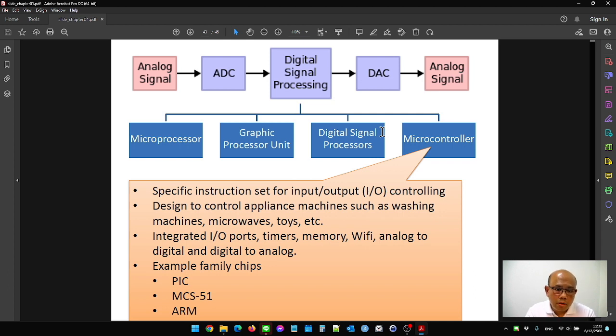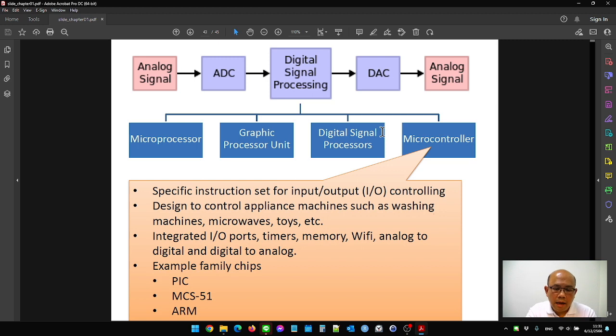The microcontroller includes I/O, timers and memory. Some types of microcontroller include Wi-Fi, and most microcontrollers have ADC and DAC inside. ADC converts analog to a digital signal, and DAC converts a digital signal to an analog signal.